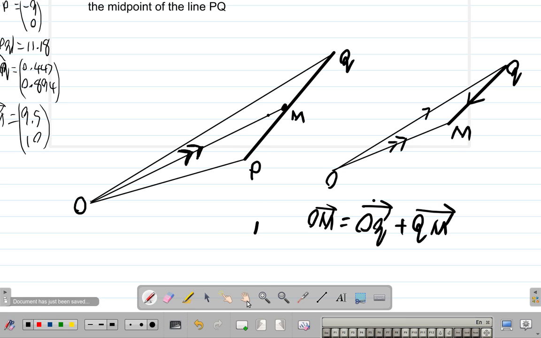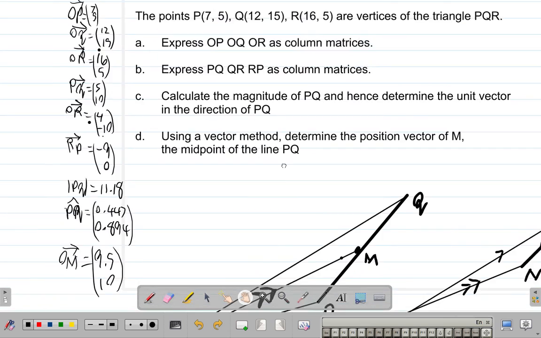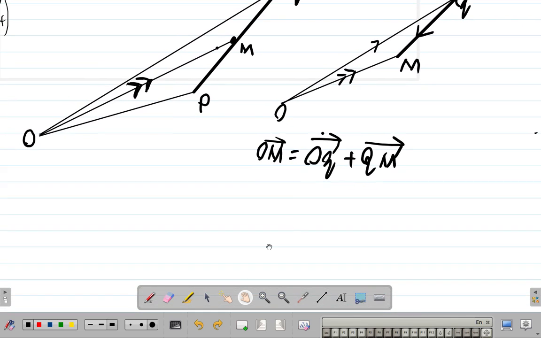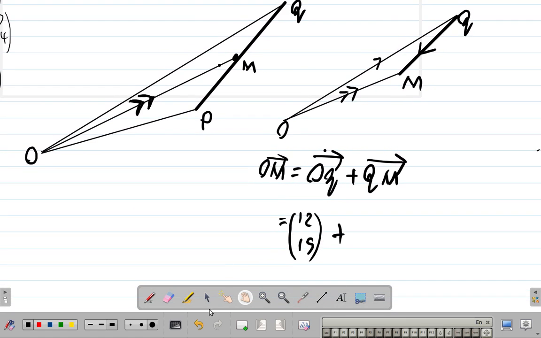What was OQ again? Let's look at OQ. OQ was 12,15. So it's 12,15 plus QM. But from Q to M is halfway from Q to P. So this is half QP.